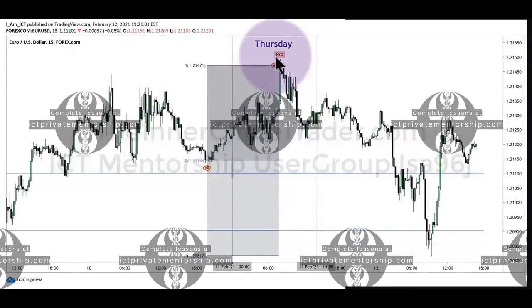Now we're going to take a huge quantum leap forward. If this is the high of the week and we take out this low, how far can we go down? Well, we can go down to the 20% of the weekly range. We can go down to 30% of the weekly range, but in case we get a little animated, where's it going? One standard deviation here calls for 1.20817. Now, mind you, this is Forex.com's data feed.